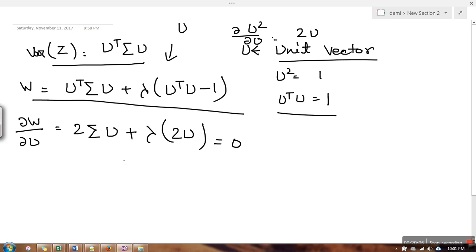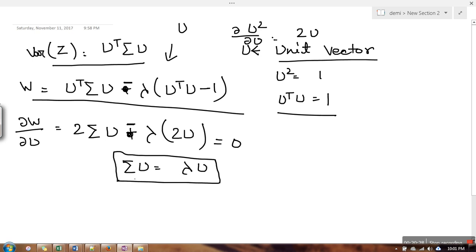From this expression, one correction here: this is actually a negative. I'm really sorry for that. So what we actually get is this term. Here, this is a covariance matrix, this is the unit vector or direction, this is some constant, and this is the same unit vector again.